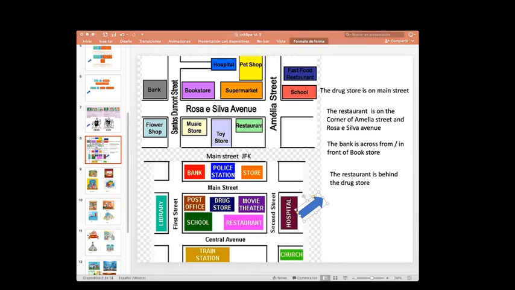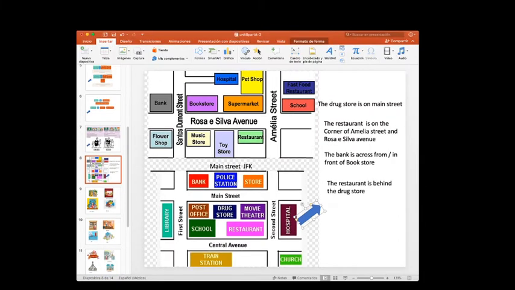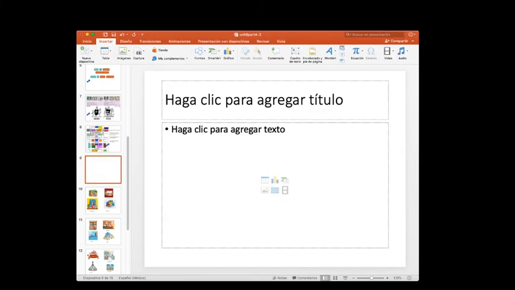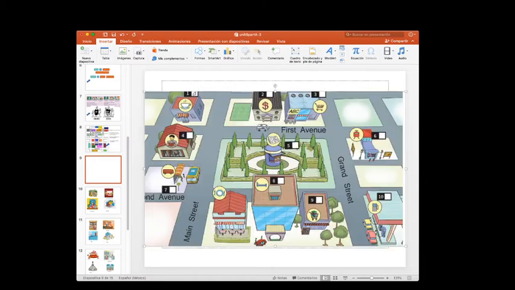Okay, so in your book you are going to complete it. Let me show you. You have this map, and you are going to complete the ideas of this page 76 after the pink square that says, look at the map in exercise 1.